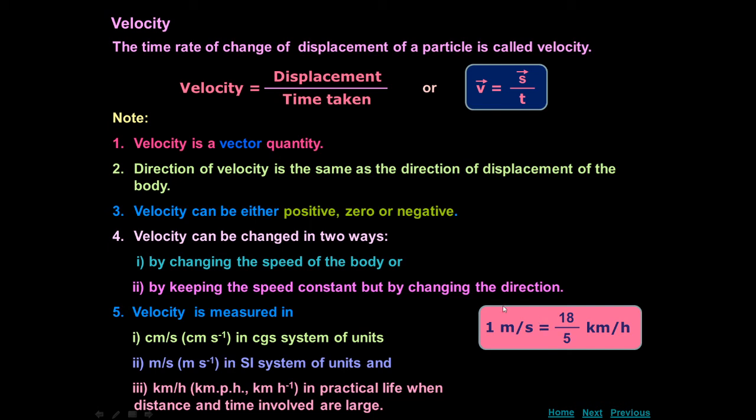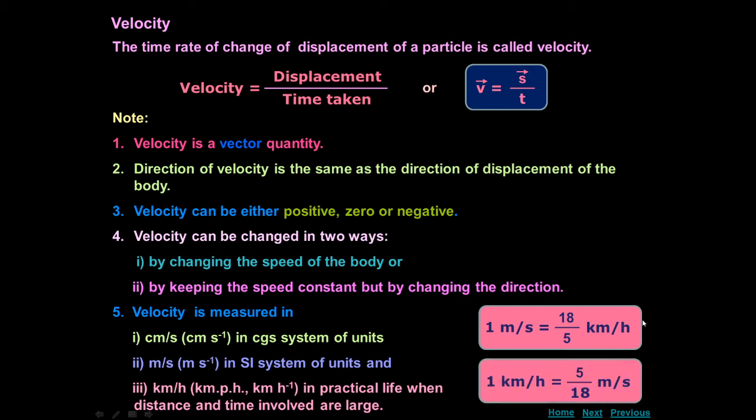So if the speed of a body is 5 meter per second, then that will be 18 kilometer per hour, or 1 kilometer per hour is 5 by 18 meter per second.